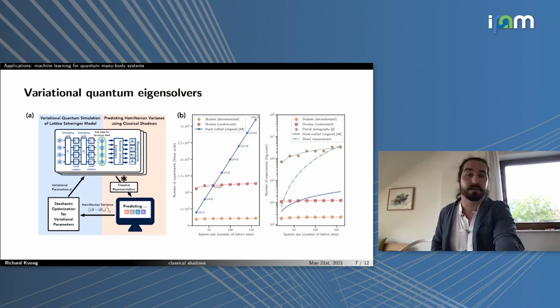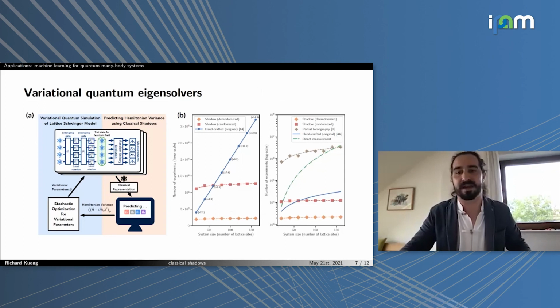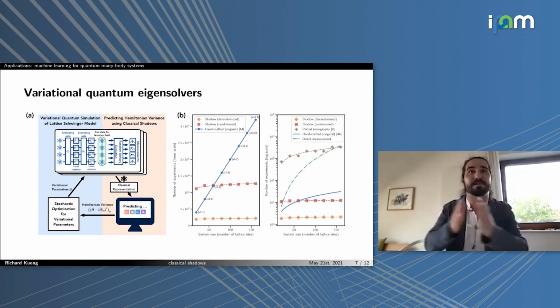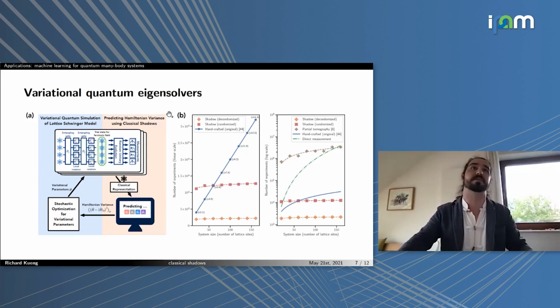And the naive extraction for this particular example would scale horribly like this. Other proposals by Google scale like this. And these tensor Monte Carlo procedures that I showed you scale like this and can even be improved to scale like this, just because basically the actual system size doesn't matter if you only care about localized information, which is the case in this particular application.